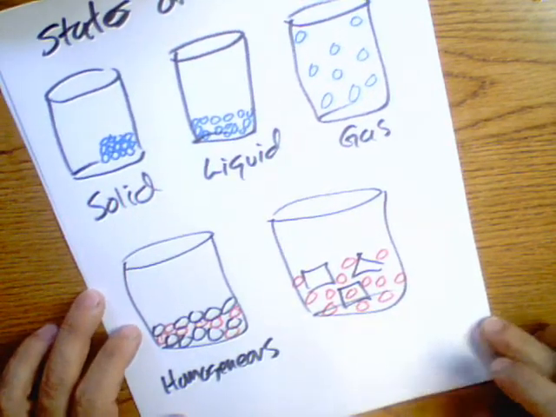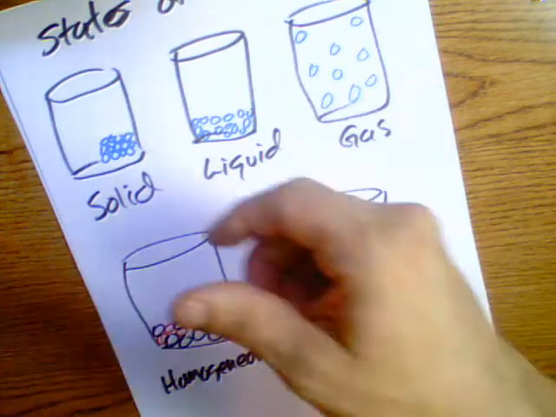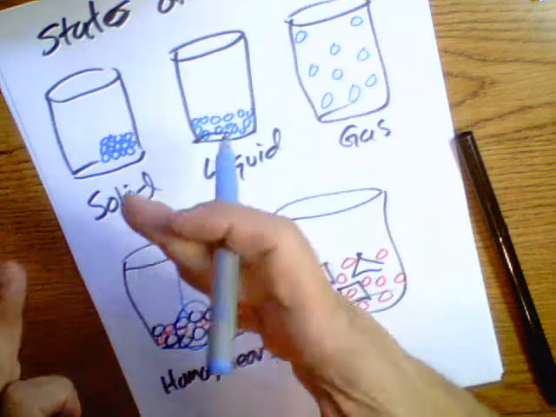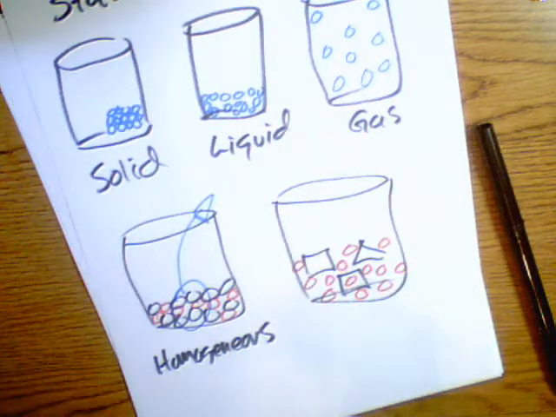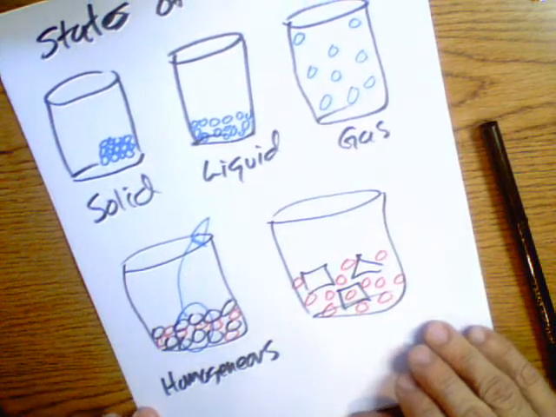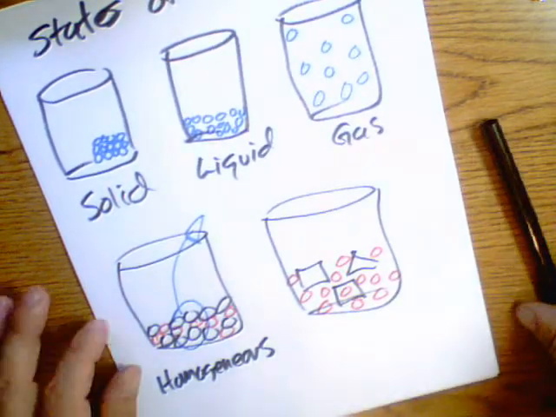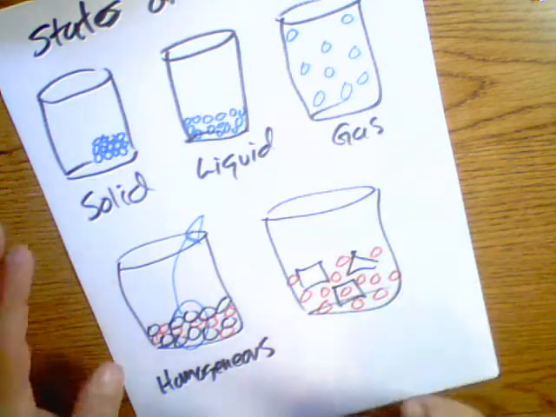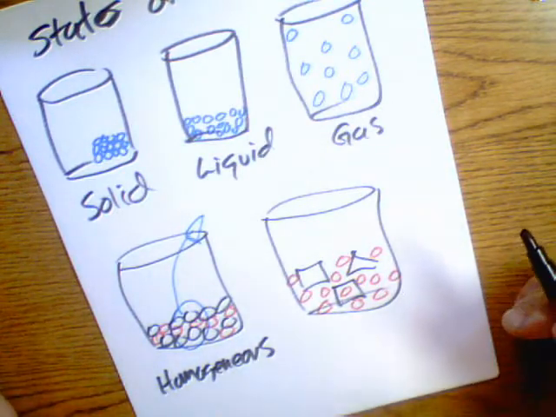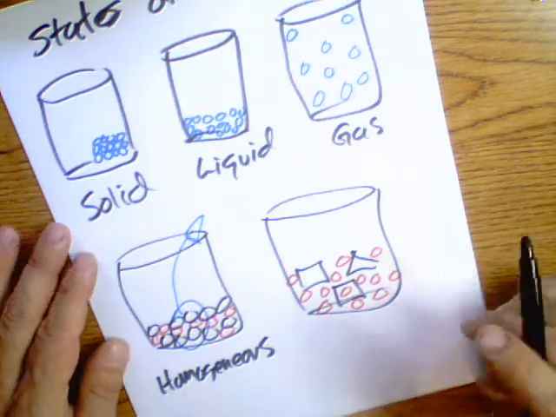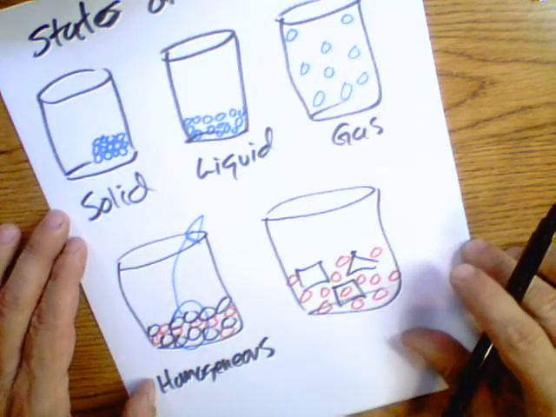Homogeneous, because no matter where you sample this, you should get the same proportion. You can have homogeneous compounds, but mostly we think of homogeneous as solutions. An alloy, a metal with more than one type of metal blended, would be a good example of a homogeneous solid.